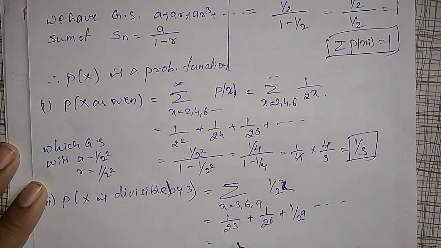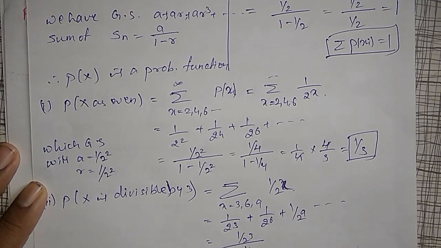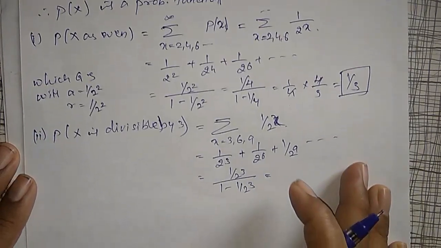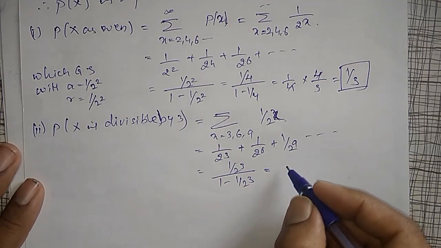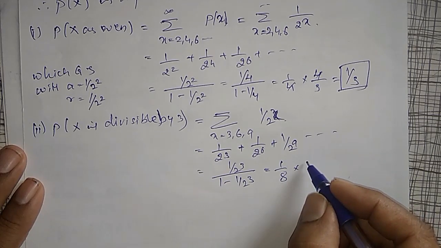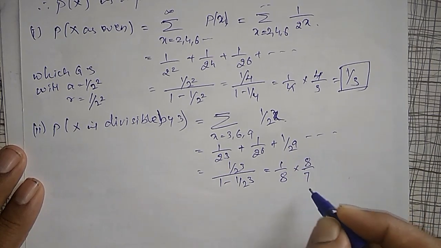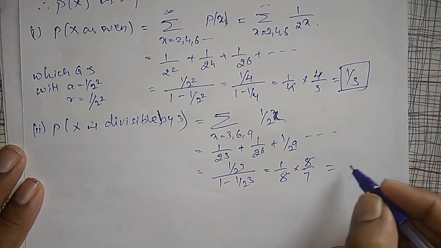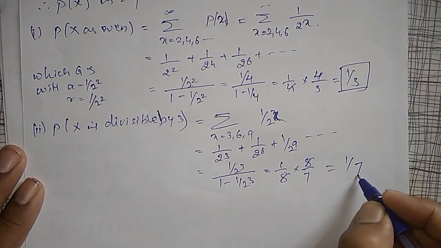This is equal to 1 by 2 cube divided by 1 minus 1 by 2 raised to 3, that is 1 by 8 divided by 7 by 8. The 8 cancels, which is equal to 1 by 7.